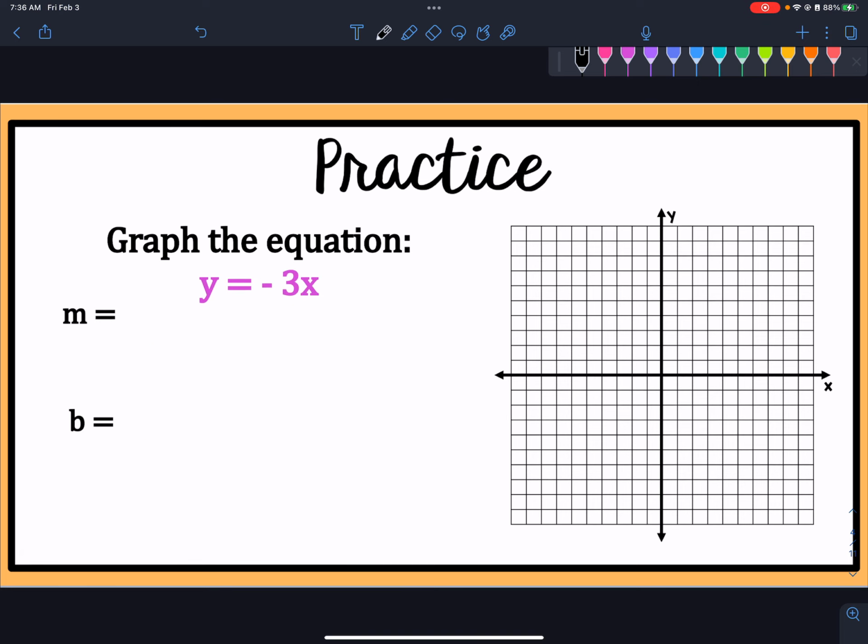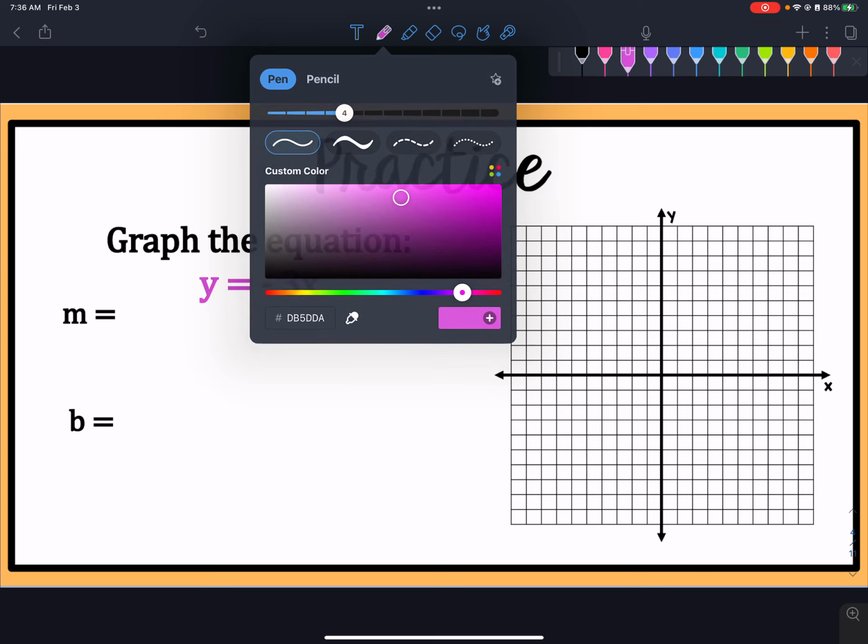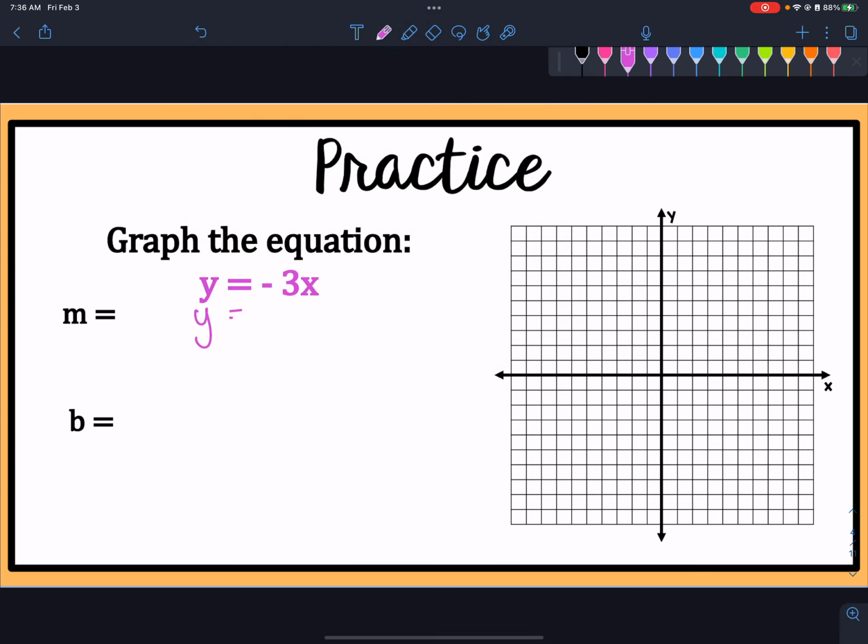So let's try this one. Again, always set up as y is equal to mx plus b. Well, in this case, our m value is -3. Always remember to stick a 1 underneath it. And then again, we don't have a b value, so we're adding 0. So 0 is our b value. Oops, that's supposed to be a 0.